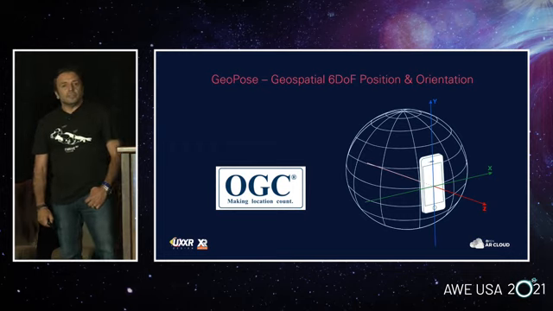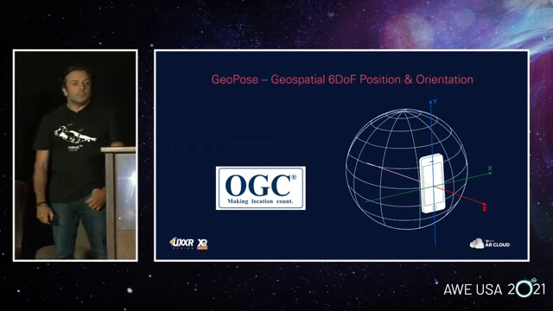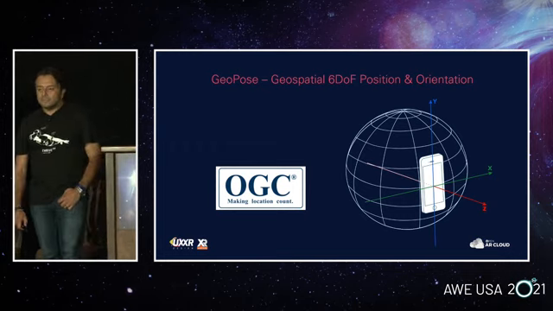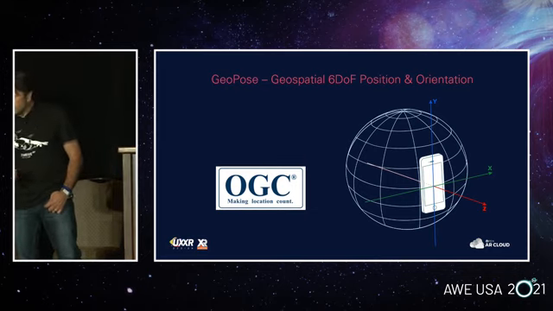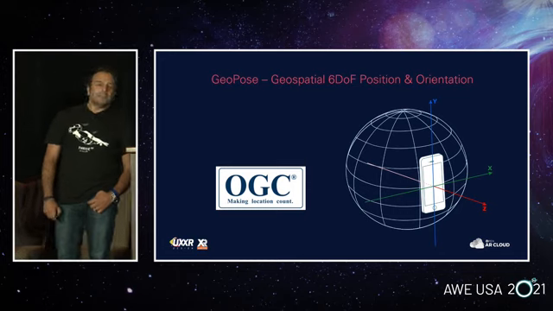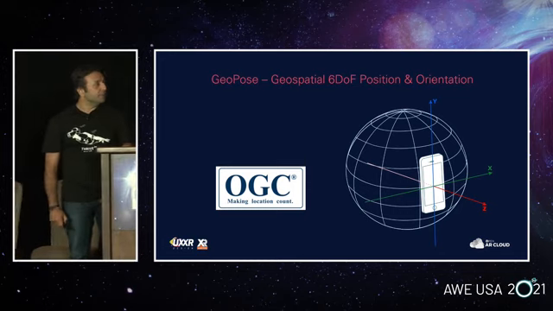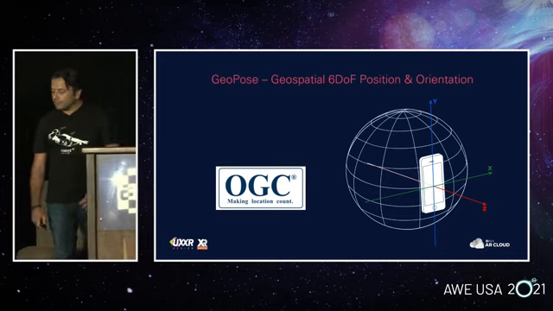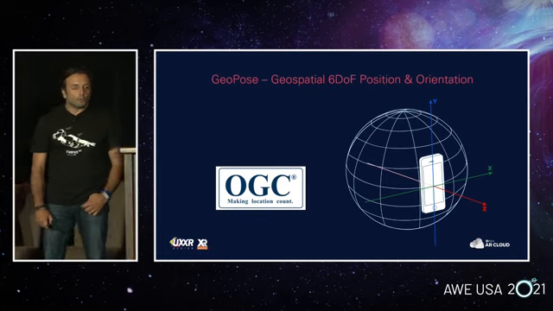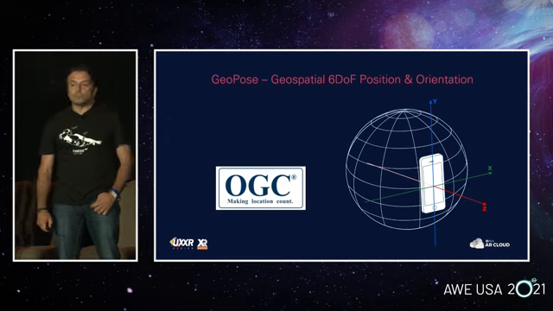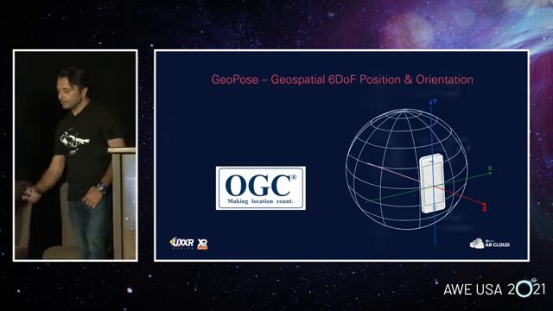This is a standard that would allow developers not only to pose entities with the AR cloud, but also to communicate with other systems. A fundamental principle of the OSCP, Open Spatial Computing Platform, is to be agnostic to any particular GeoPose provider or visual positioning service provider.